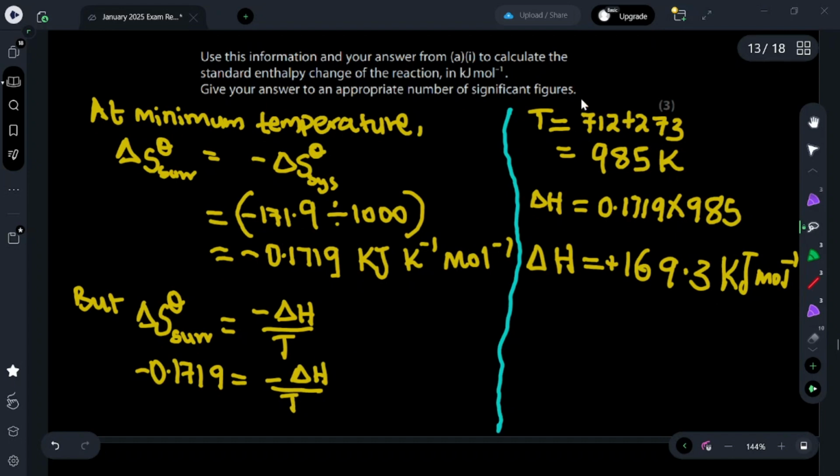You can cross multiply and make T the subject of the formula, converting the temperature to Kelvin, which is 985. Divide by the negative sign on both sides and multiply by T, then we are left with delta H. So delta H equals 0.1719 multiplied by 985, and we get the enthalpy to be positive 160.